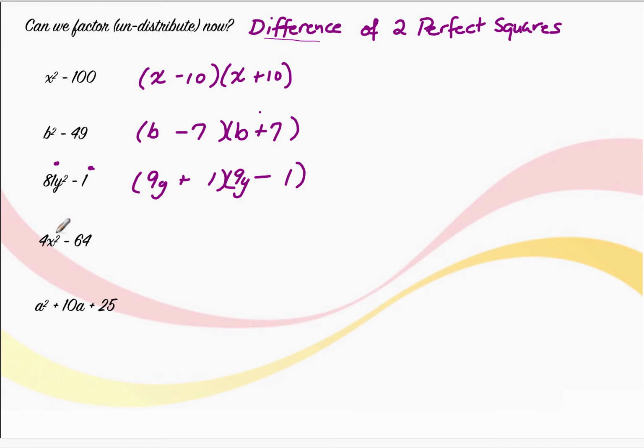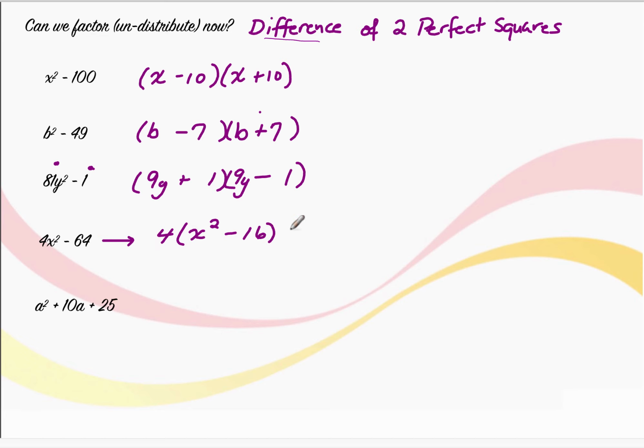Now with this one, 4x squared minus 64, it is a difference of two perfect squares, but this is kind of a little foreshadowing of where we're going to go. Remember, the other day, we did common factoring first. So if I pull out a 4, I get x squared minus 16.